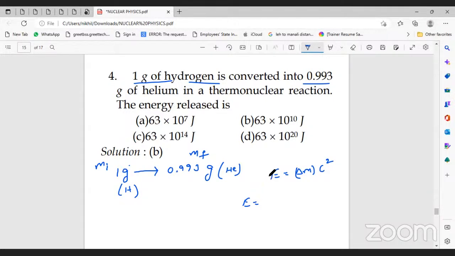What is delta M? Delta M is nothing but the change in mass. So how to calculate the change in mass? 1 gram minus 0.993. This is how much? 0.007. Correct, no?